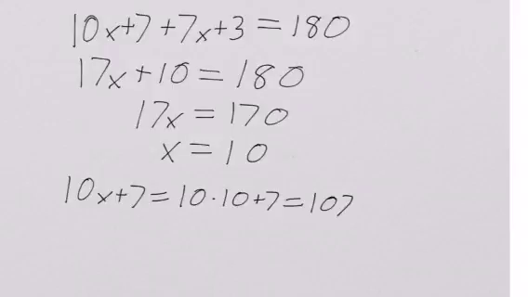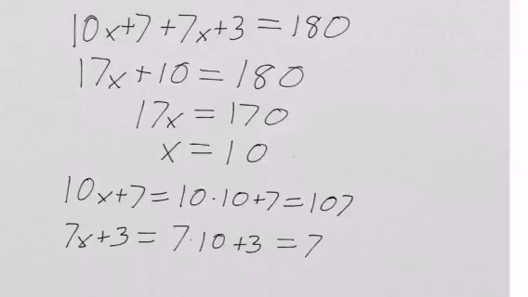And I can also say that 7x plus 3 is equal to 7 times 10 plus 3, which is equal to 73. So our angles are 107 degrees and 73 degrees.